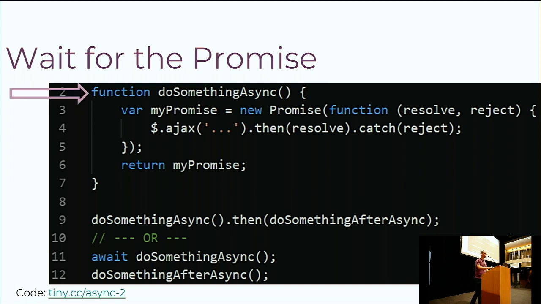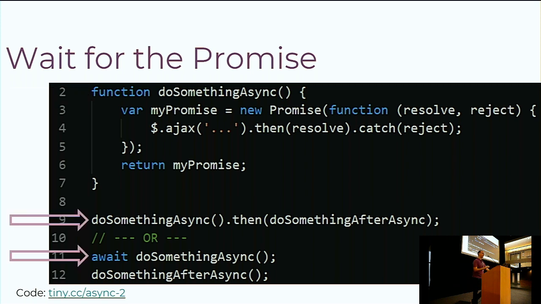So let's do it once again slowly. Initially, the function do something async is declared. Then we call it. The first thing it does when you enter the function is declare a variable, my promise, and execute its body. The body starts $.ajax, which gives you a ticket for when it will be done.